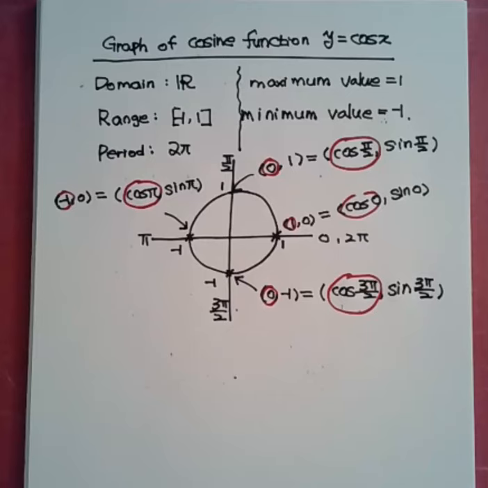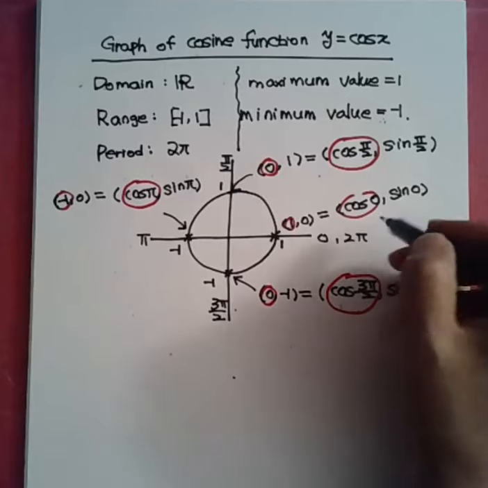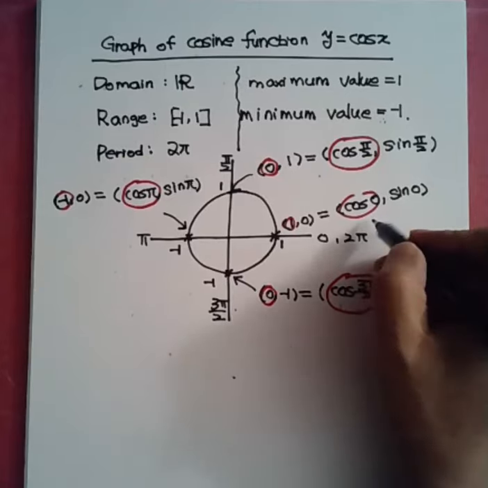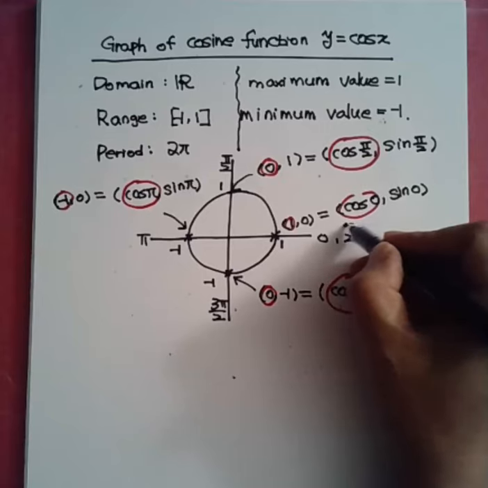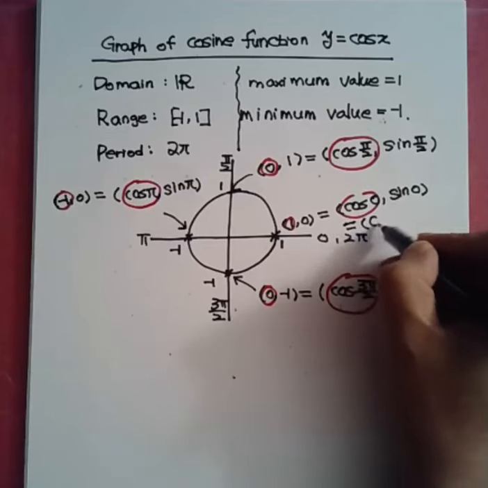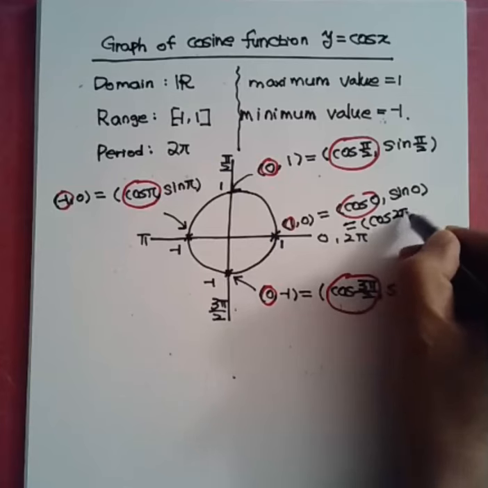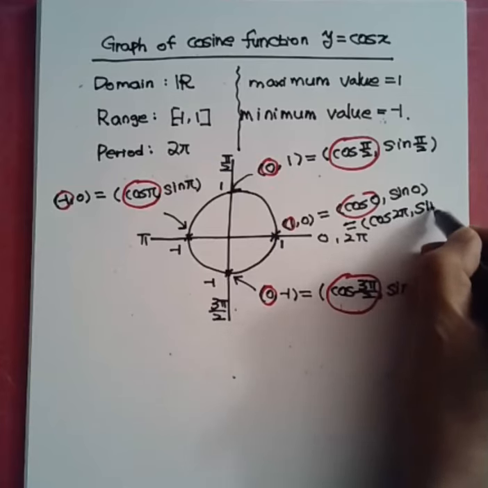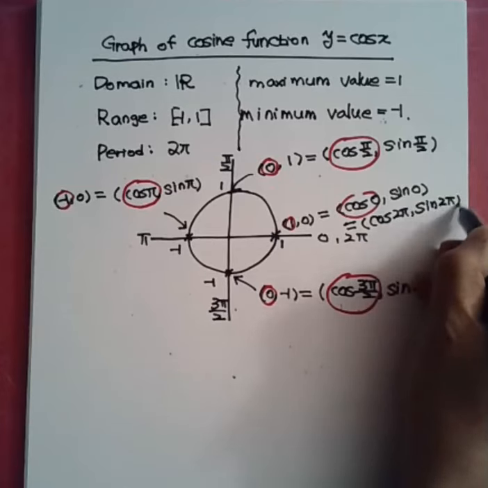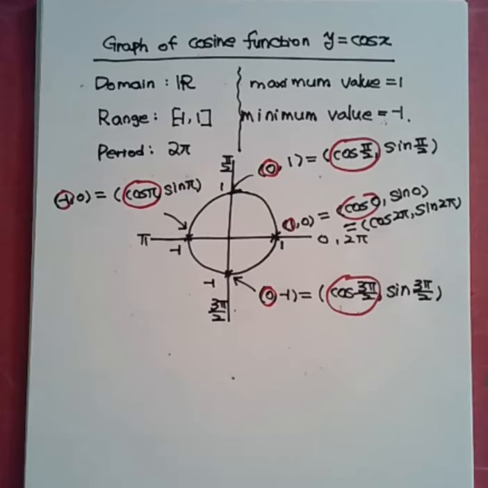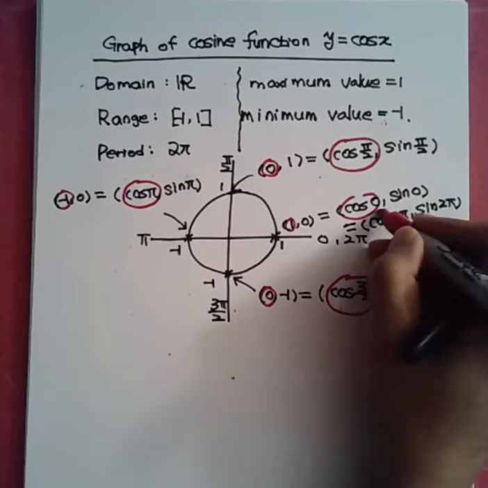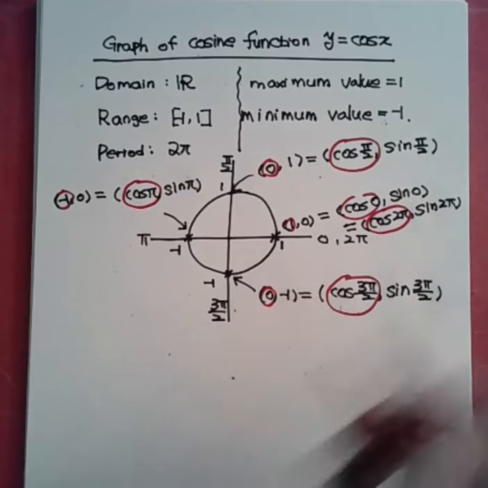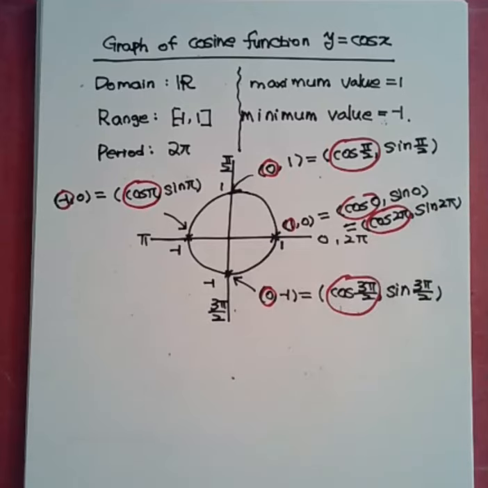We go back to the original point, then we are getting to the coterminal angle. So cosine of 2 pi and sine of 2 pi, and of course cosine of 2 pi is again 1, as it was with cosine of 0.